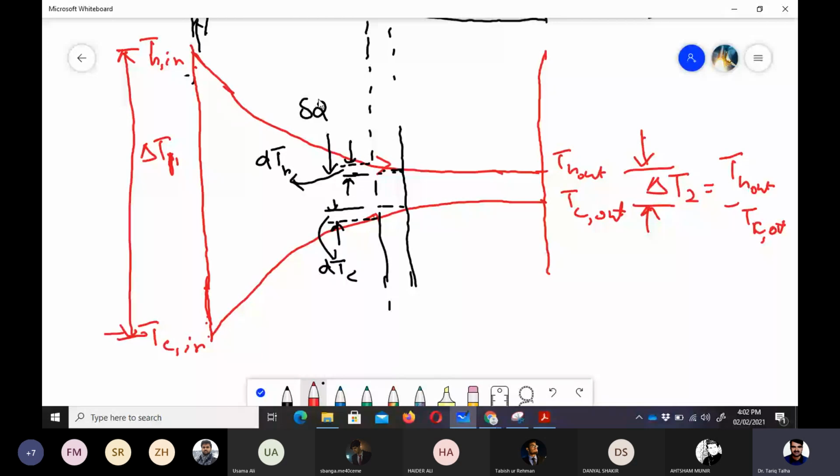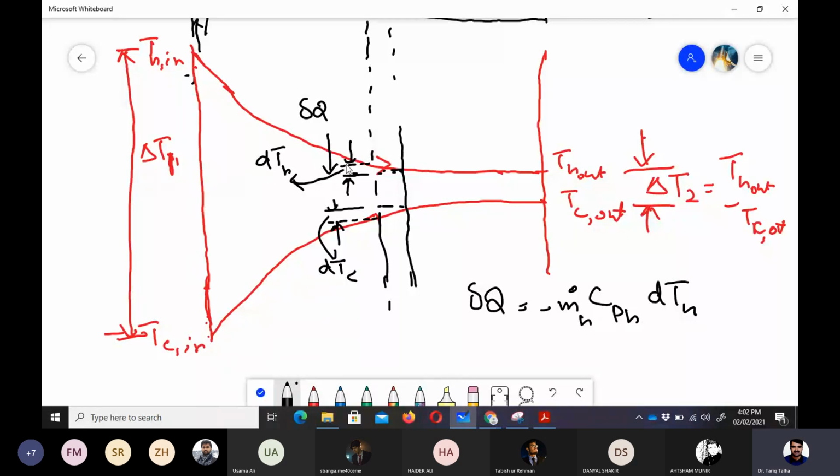And here delta Q can be written in terms of the hot fluid: it would be equal to minus m dot h into Cp_h into dT_h. Why am I putting a minus here?